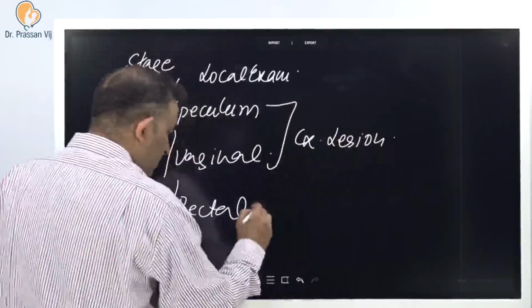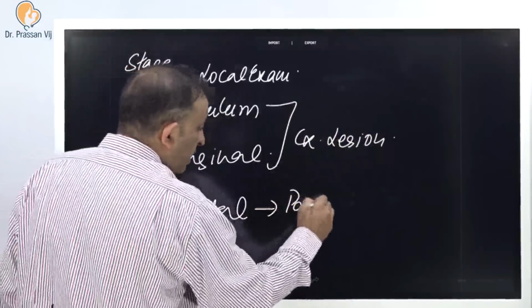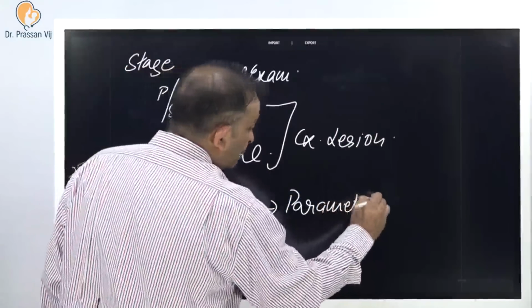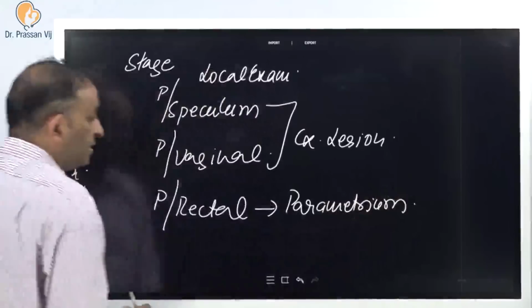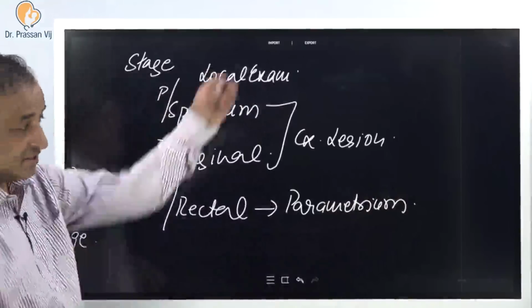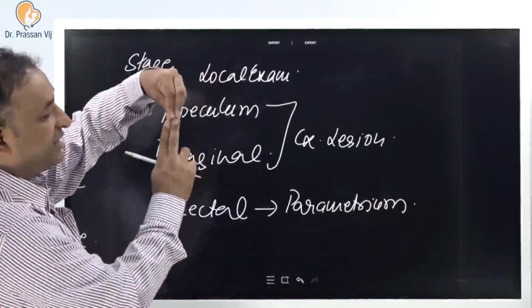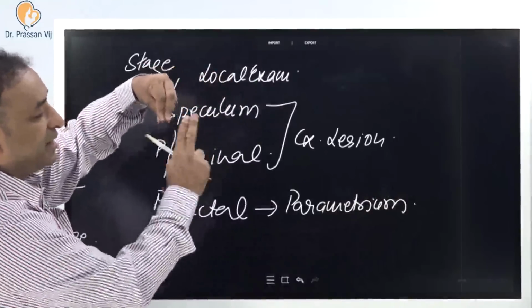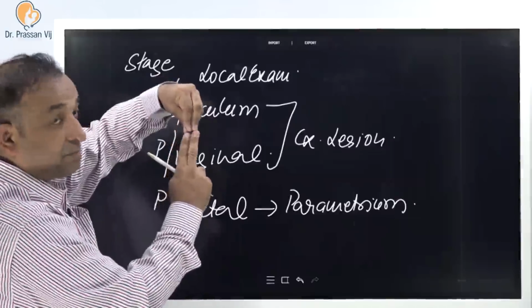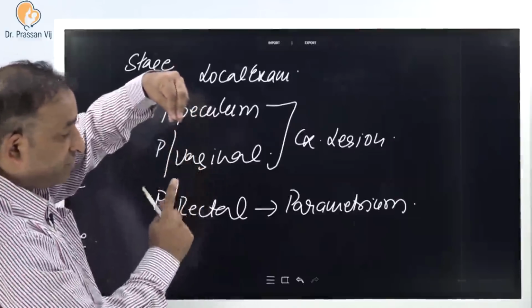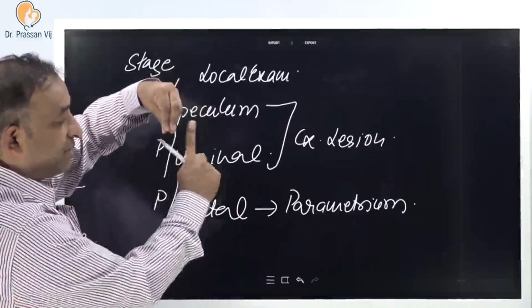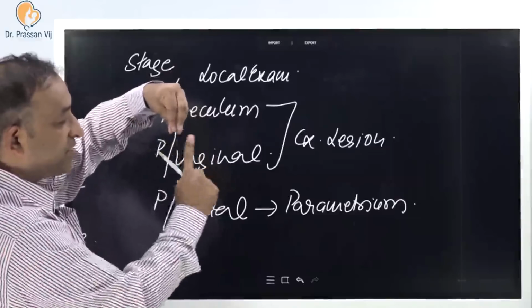And remember, the parametrium is best seen by a per rectal examination. If you do a PV, you can see the cervical growth and the area around it, the vaginal growth. But for the parametrium, you have to take your finger out and put one finger in the rectum. Then you can see the parametrial growth.